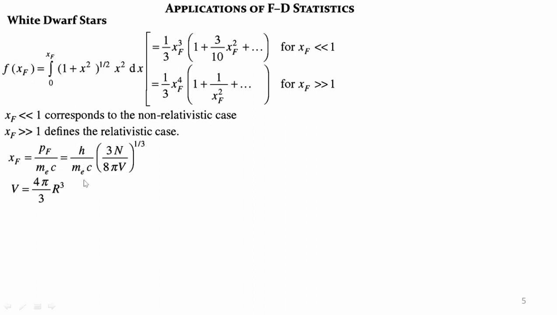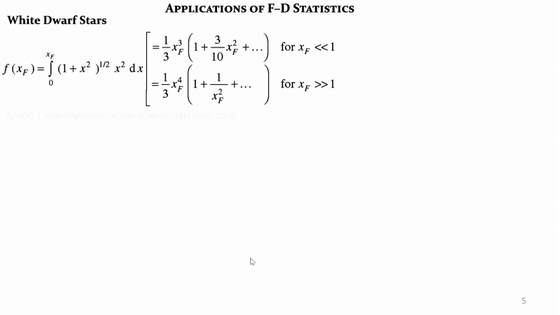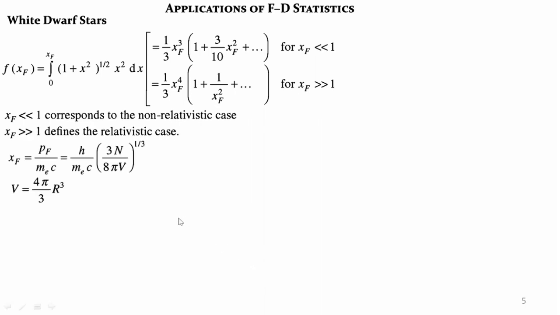So from where this has come, we have just put the value of this Fermi momentum. Hope you remember we have done it. I think it was in the previous slide itself. This is our Fermi momentum, right? We have put this expression of Fermi momentum here, and that's what we have got after this.